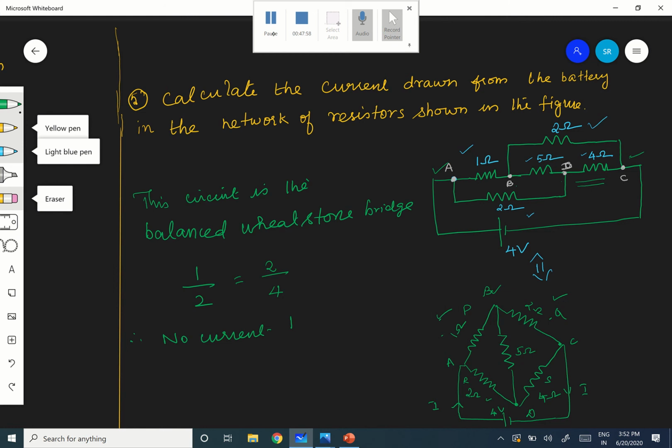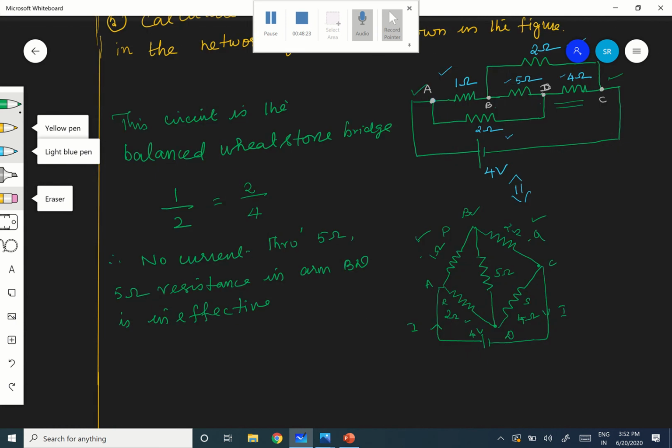So, the 5 ohm resistance in arm BD is ineffective. There's no need to consider that. Once it has become ineffective, there is no need to consider BD now.